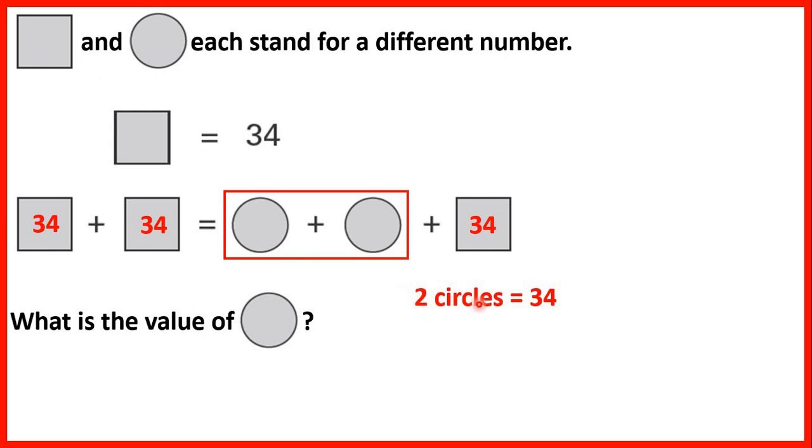So if 2 circles equals 34, we can find the value of 1 circle by dividing by 2, and 34 divided by 2 is 17, so the value of a circle is 17. If we write 17 on our circles, then we get 68 on both sides of the equal sign.